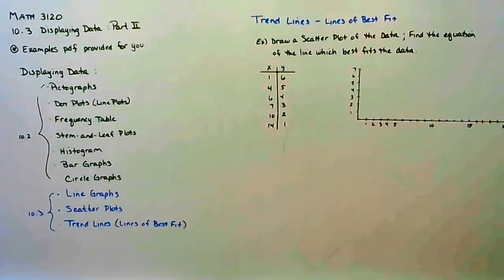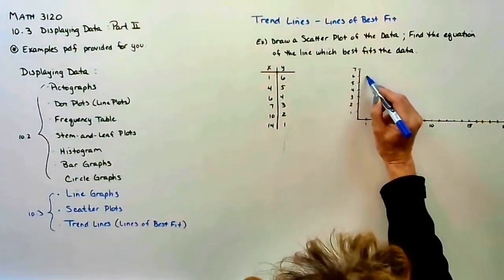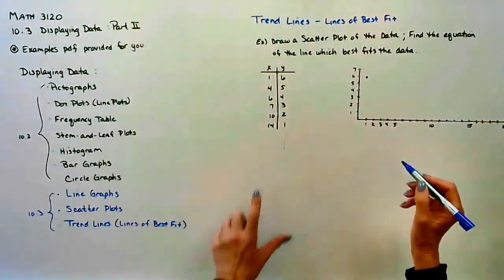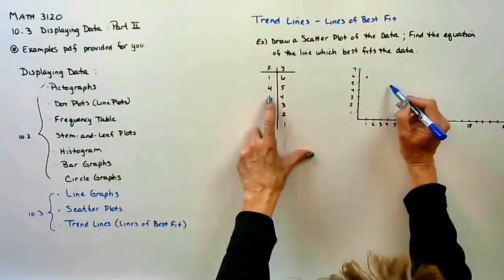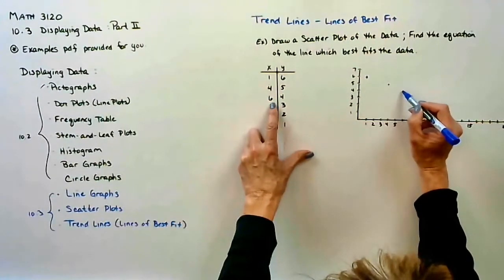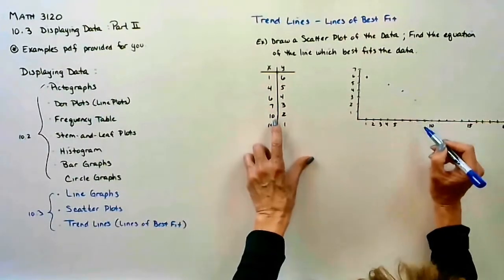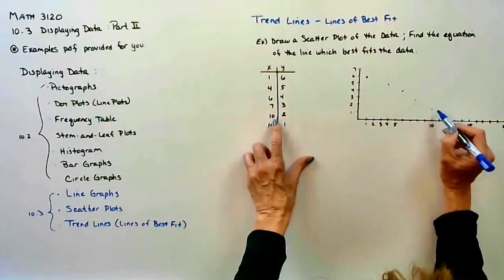So here's the first 5, 10, 15, 20, if it's off the screen. So let's first graph our data points. All right, we're going to create this scatter plot in order to create the trend line. So I need the point 1, 6, 4, 5. So you do this, I'll do this, and we'll meet up here in just a minute.